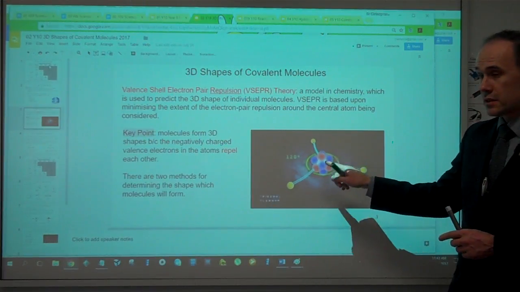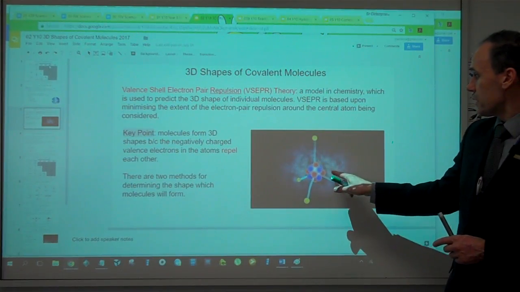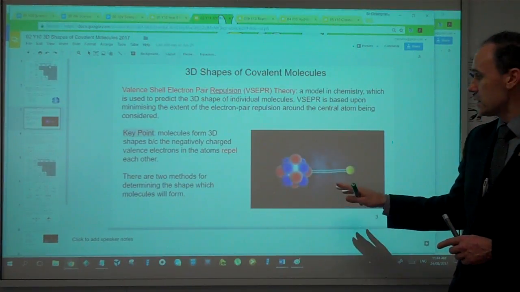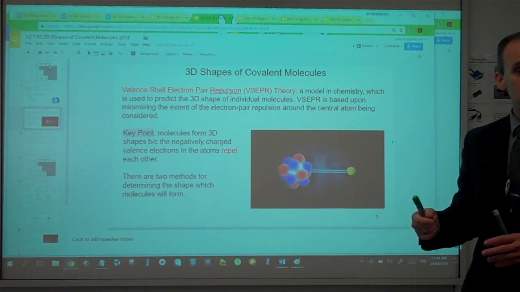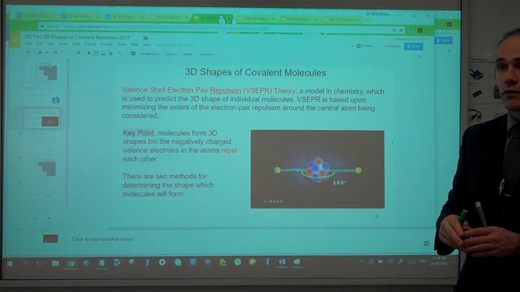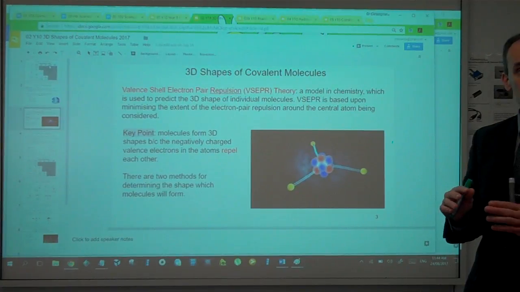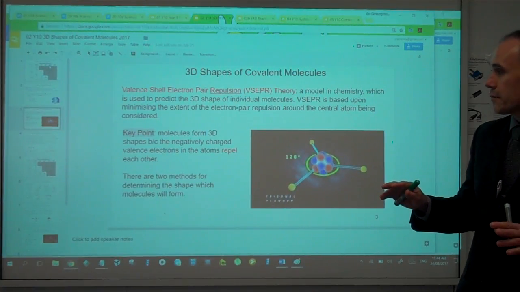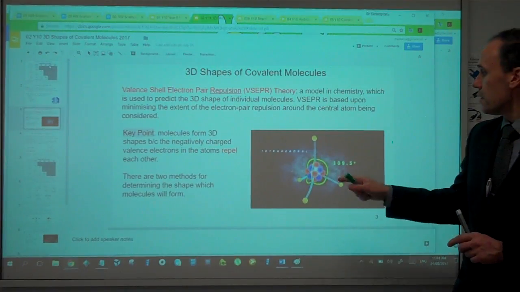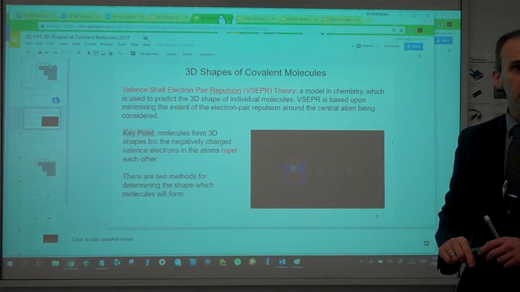120 degrees is the greatest distance. This one here, I think, is 109.5, equally the greatest distance for a tetrahedral shape. So that's why, in every case, the shape being formed is because of electrons trying to get away from each other, as far away, those negative charges, as is possible. You don't need to know the degrees.